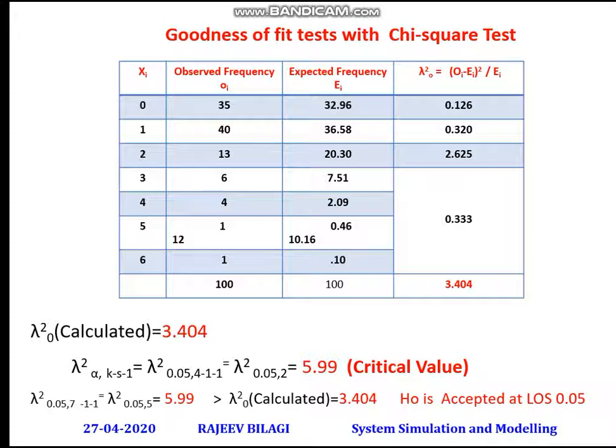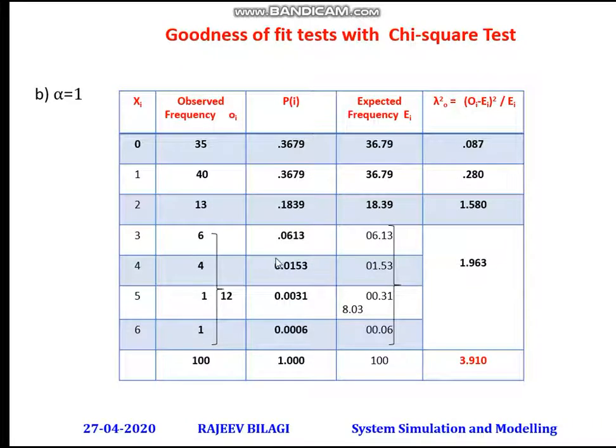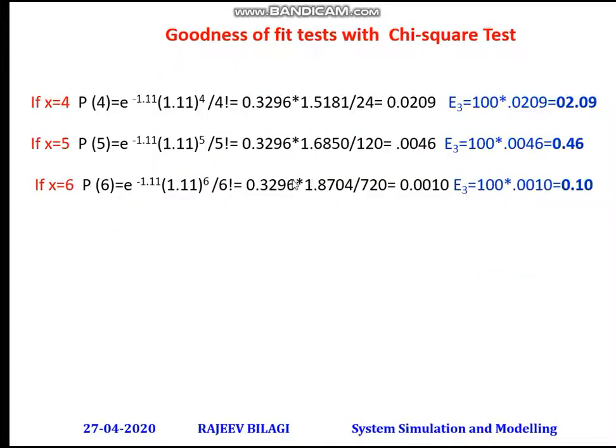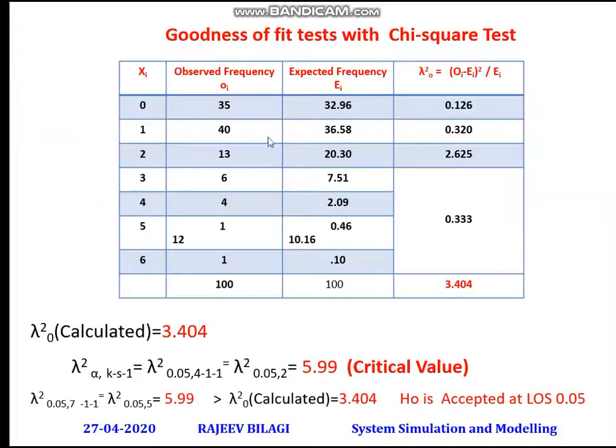Now in the second case, the second problem, with alpha equal to 1, if you start calculating the values, you are going to get these values. Okay, so the variation you will definitely get, because alpha you are going to substitute as 1, so accordingly you are going to get these values.